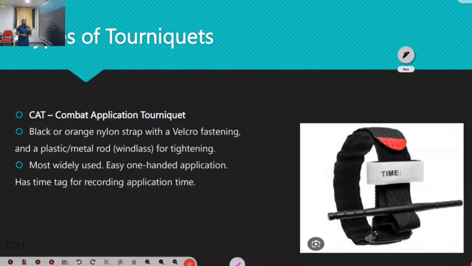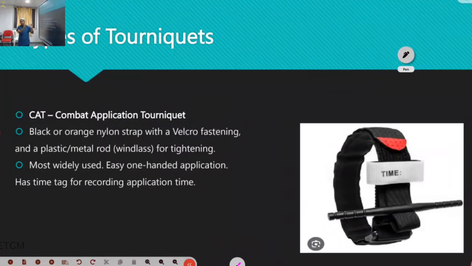Coming to the types of tourniquet which are used, the first one is the Combat Application Tourniquet, CAT. It has a black or orange nylon strap with Velcro fastening and a plastic or metal rod for tightening. It is the most widely used, allows easy one-handed application, and specifically has a time tag, as you can see in the image.